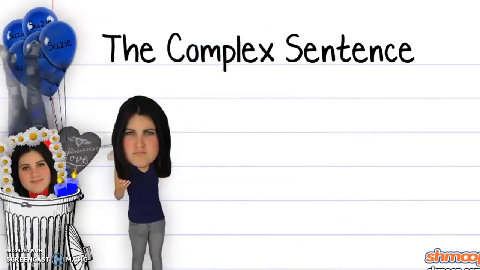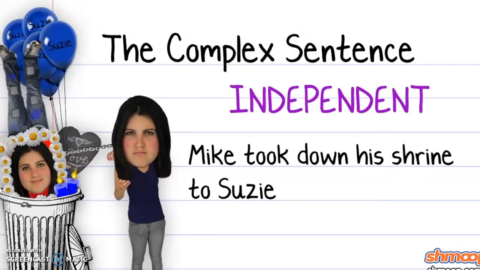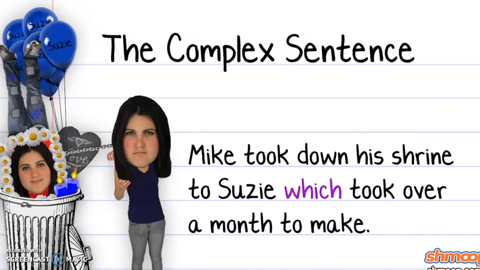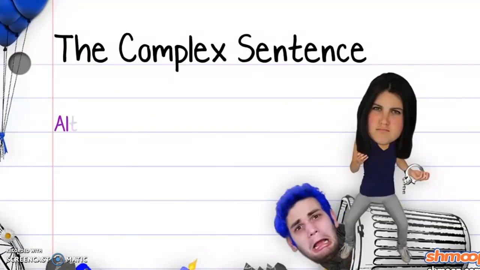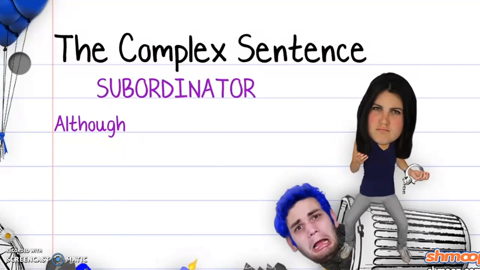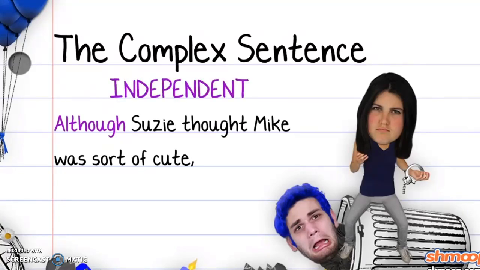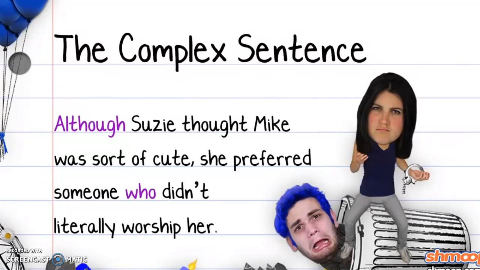For example, Mike took down his shrine to Susie, which took over a month to make. And one with two dependent clauses. Here we go. Although Susie thought Mike was sort of cute, she preferred someone who didn't literally worship her.